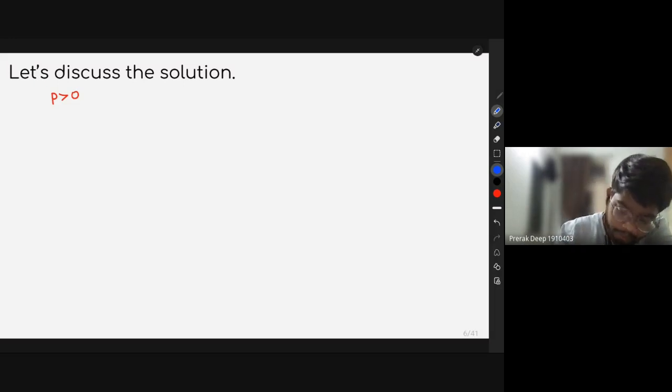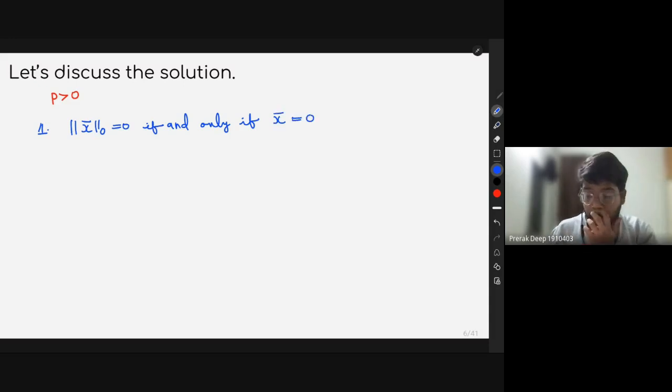So what is the first property? We need to say that the norm of x is zero if and only if the vector is zero. Okay.